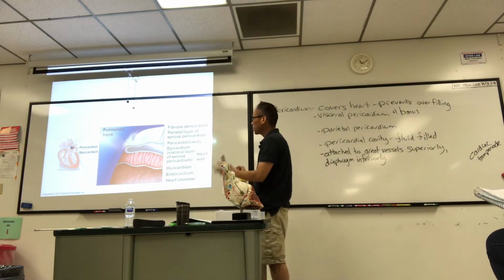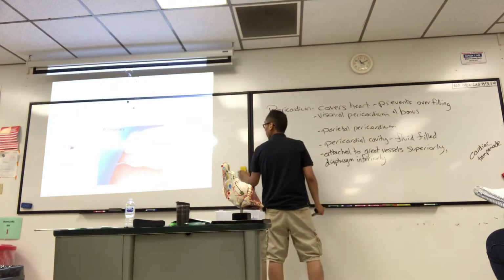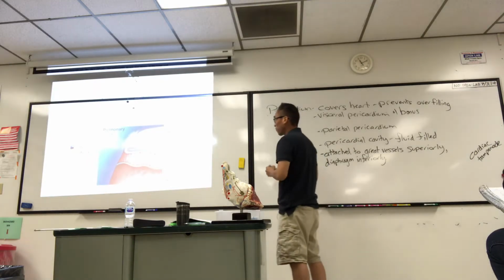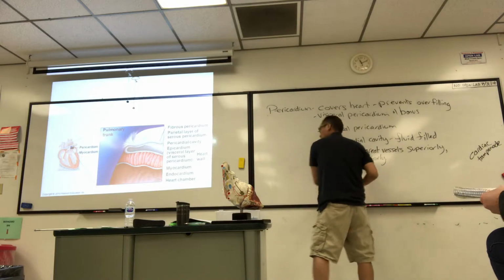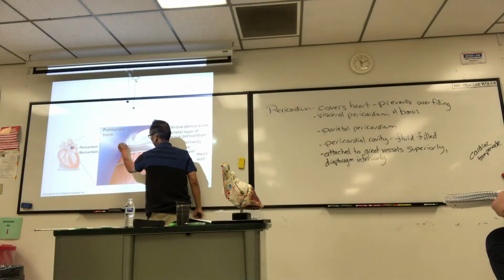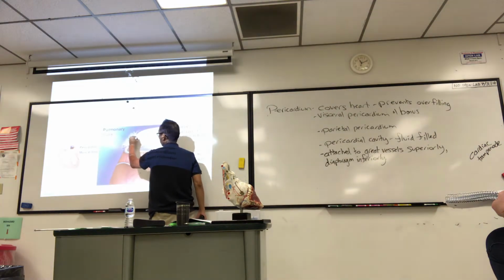All right, well, anyways, let's call this layers of the heart wall. And we could start with the pericardium. So let me just leave that up there before I erase it. You see how there's this fibrous part that's attached to the pulmonary trunk that I just got through saying is one of the great vessels?